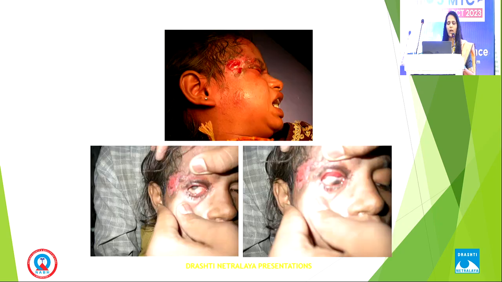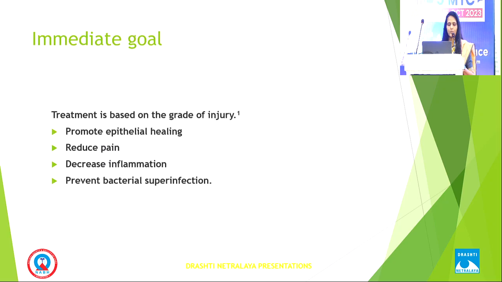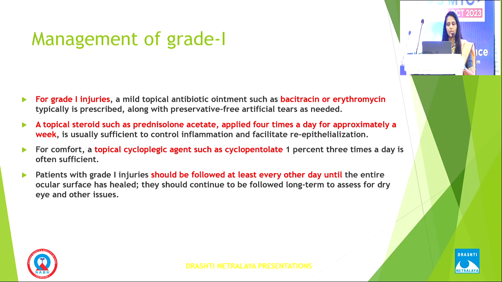Whatever material is there, you have to take it out and then examine properly for limbal necrosis. Our immediate goal is to promote epithelial healing, reduce pain, decrease inflammation, and prevent bacterial infection.